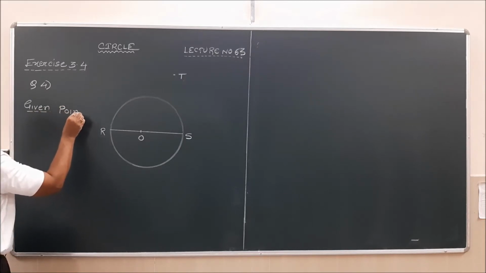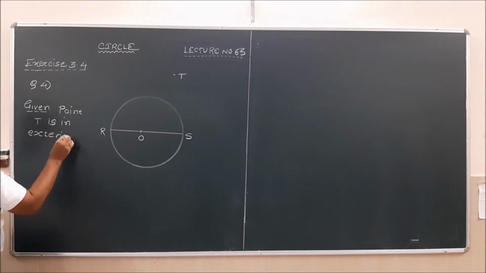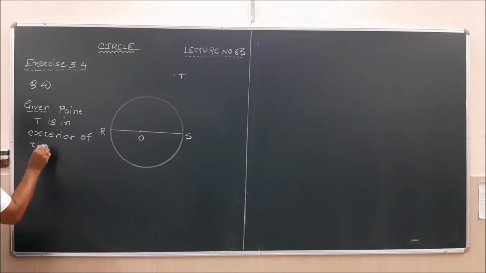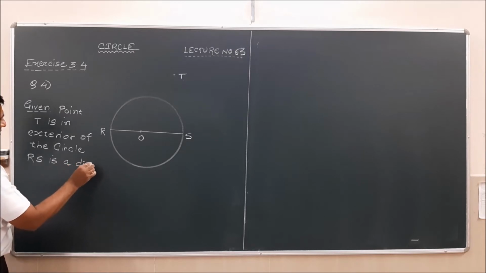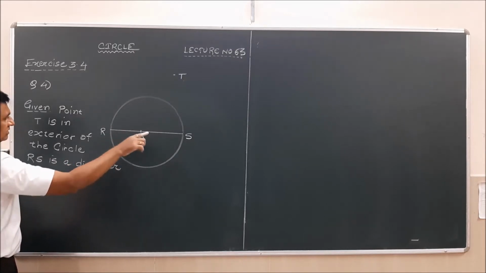Point T is in the exterior of the circle. And we have to prove that, okay, in the given, one more thing will come: RS is a diameter, since a diameter passes through the center.